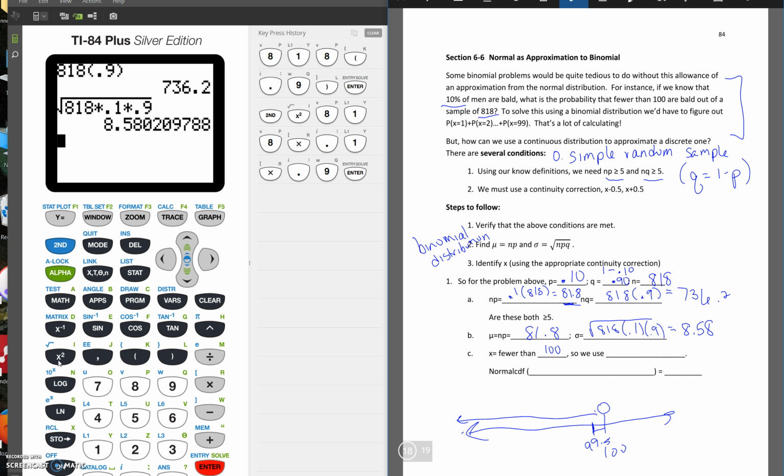That's what we're going to use as our interval. We'll go from negative 1,000 up to 99.5. We'll put our mean in, 81.8, and then our standard deviation, 8.58.